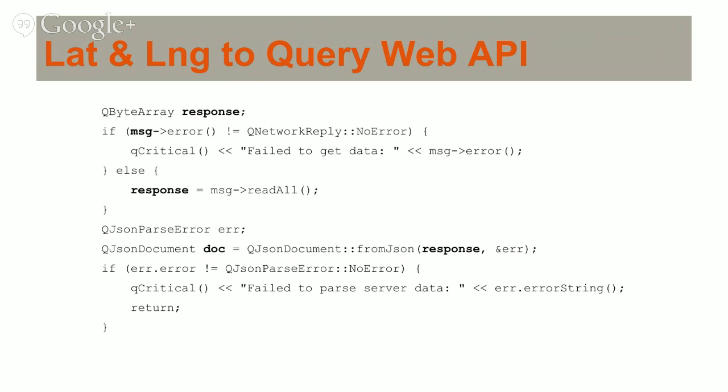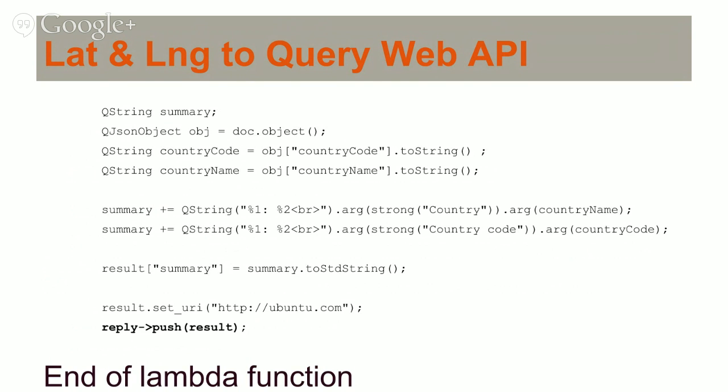Basically, we readAll into the response. We have a QByteArray, and then we try to create a QJsonDocument from that. If there's an error, then we have another qCritical, and we return out of the lambda function. So assuming everything went right, there was a network reply, and the response can be turned into a QJsonDocument, we now have our doc object, which we can parse using the QJson support that's in Qt.